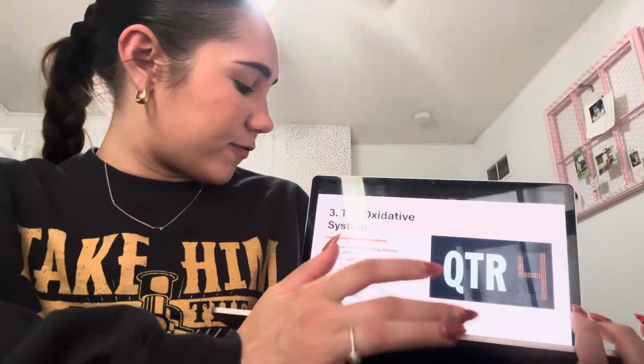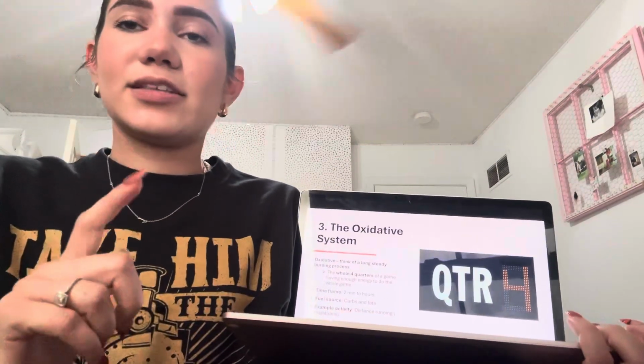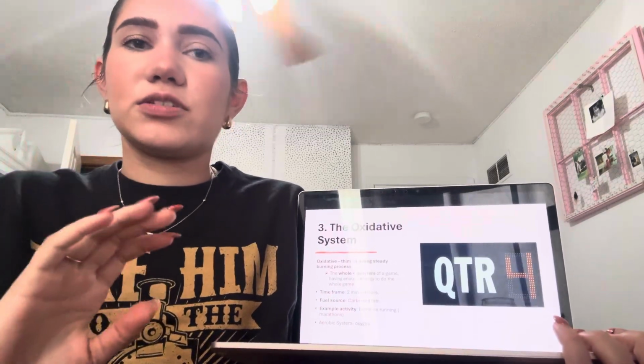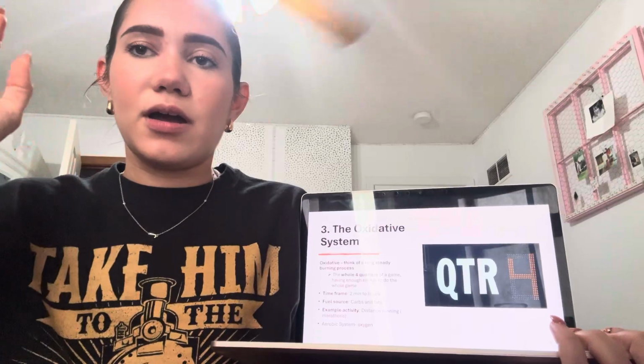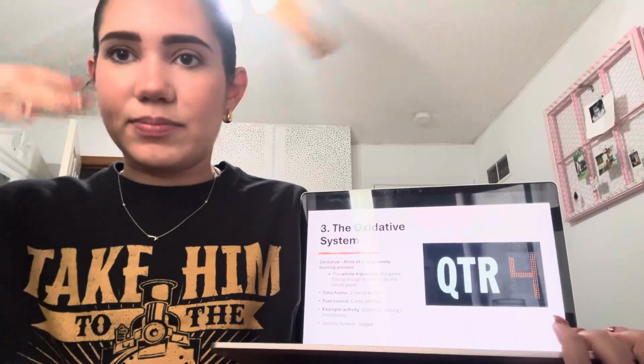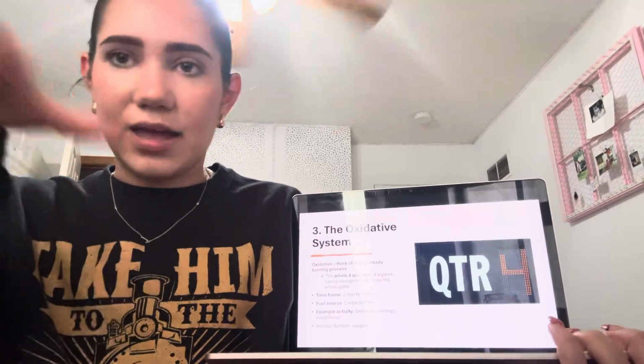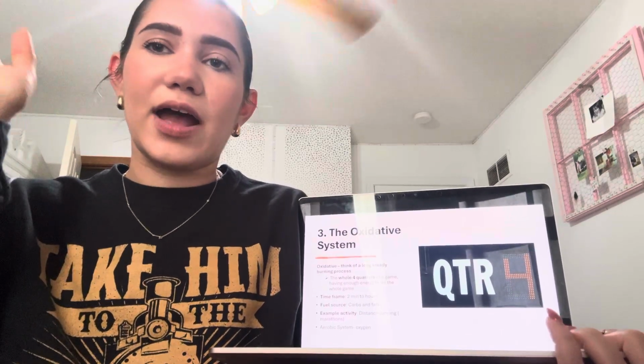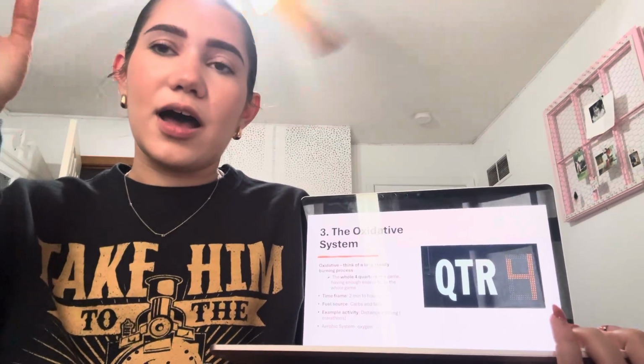And then for fuel source, we have carbs and fats. With carbs, obviously, the main source is glucose, which breaks down, goes into ATP, and then that whole cycle. But for the fats, this is really important because fats break down slower.